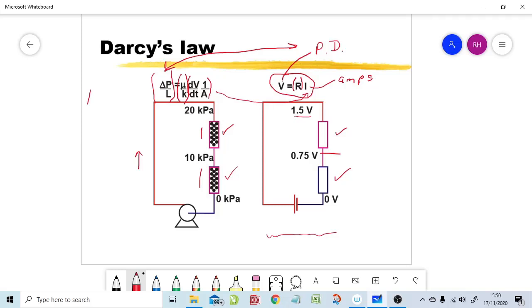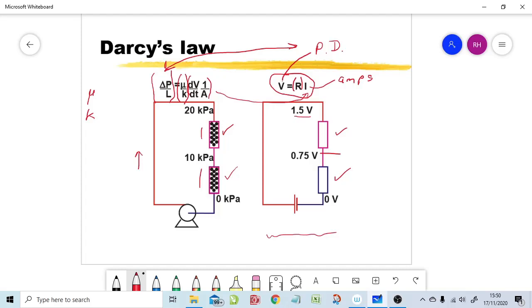Now, does that make sense? Mu is on the top, mu is the viscosity. The more viscous the fluid, the higher the resistance. That makes a lot of sense. So treacle is a lot more difficult to pump round than water. What about permeability? Well, that exists on the bottom, and if something's more permeable, it'll have a lower pressure drop because it exists on the bottom of the equation.